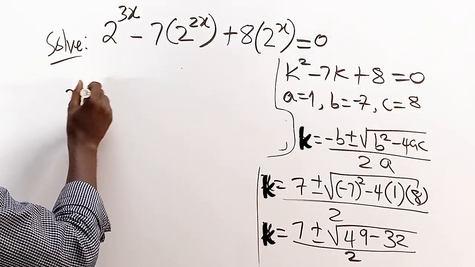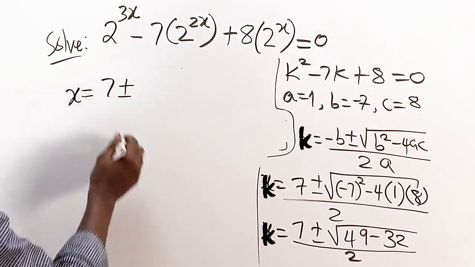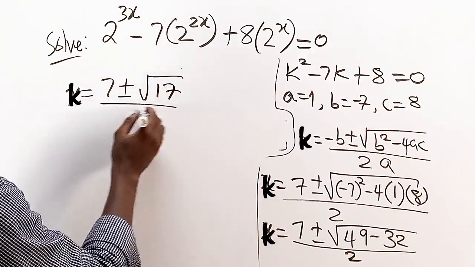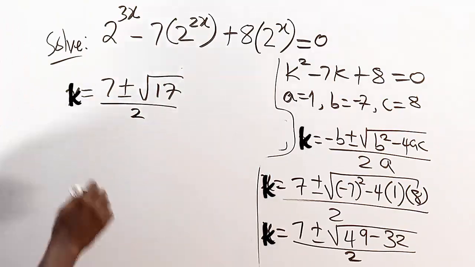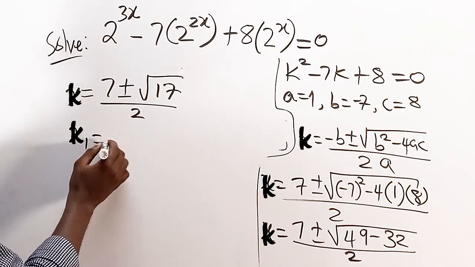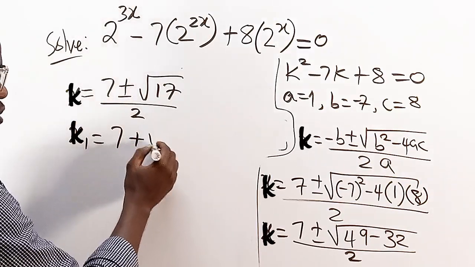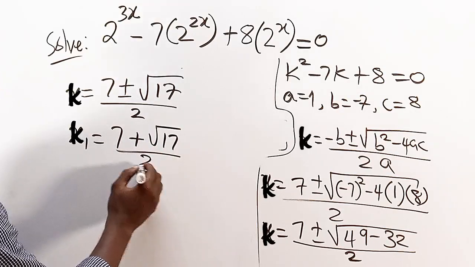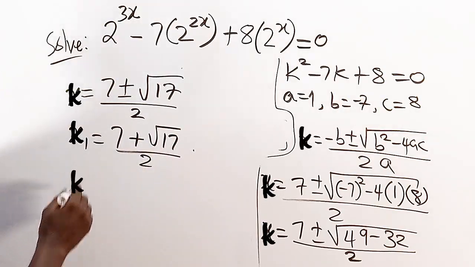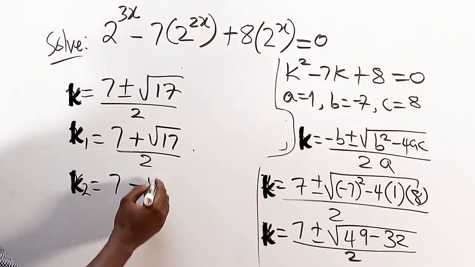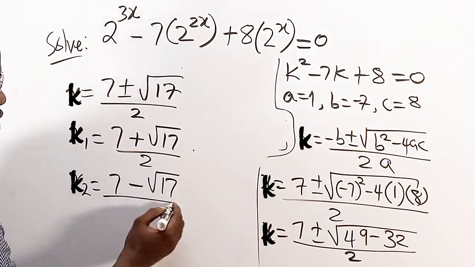So we have x equal to 7 plus or minus the square root of 17, all over 2. From here, we have two solutions. x1 is going to be 7 plus, considering the positive value first, root 17 all over 2. That's the first one. The x2 is going to be 7 take away root 17 all over 2.